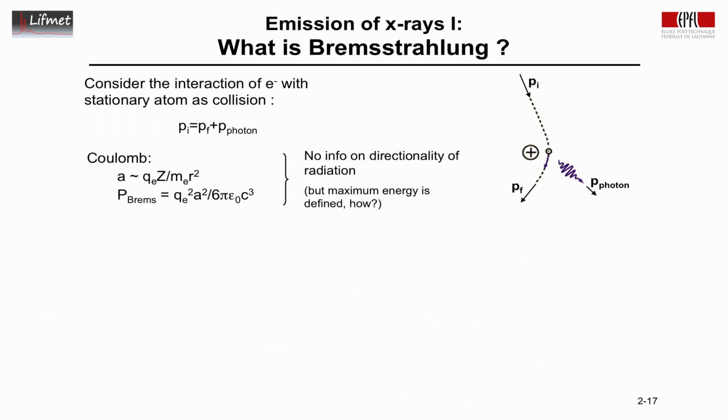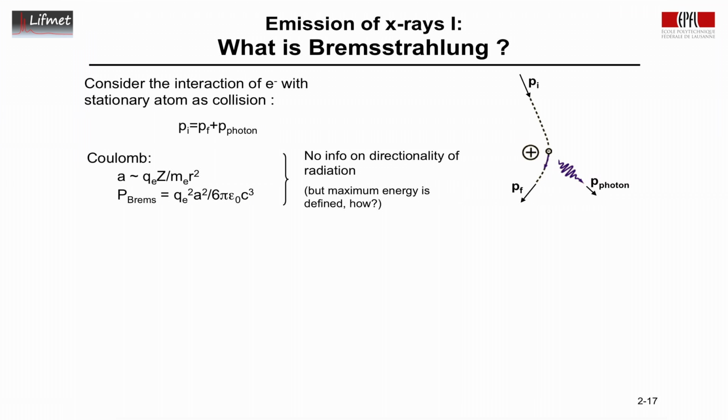So from these laws, we have neither information on the directionality of the radiation, nor on the photon energy that is being released. But we do know a maximum value for the energy of the photon that's being released. How is this defined? The electron comes in with a kinetic energy of 150 kiloelectron volts, and let's assume that by whatever process in the anode target, it is immediately stopped.